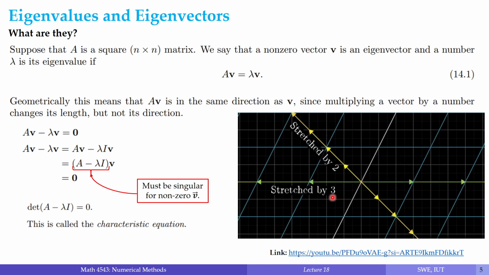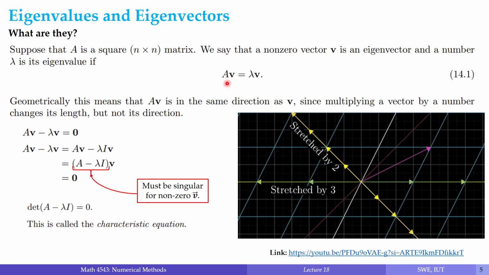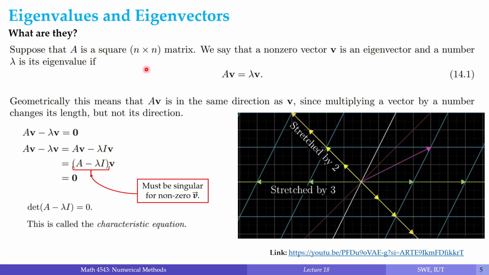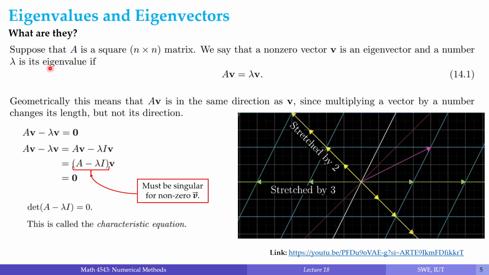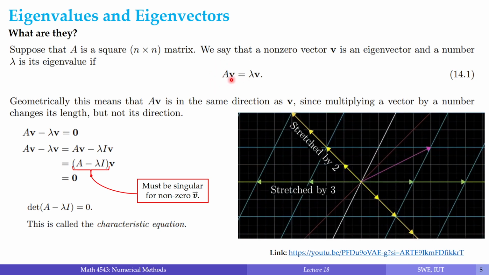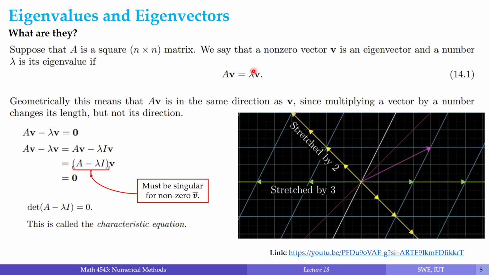Okay, so let's try to mathematically understand how we can determine the eigenvectors and eigenvalues of a particular transformation matrix A. If you have a particular square n by n matrix A, then a non-zero vector V is an eigenvector, and a scalar lambda is the eigenvalue of that corresponding eigenvector V, if it satisfies this equality: the matrix A times the vector V is equal to the scalar product of lambda and the eigenvector V. So what is this telling you?